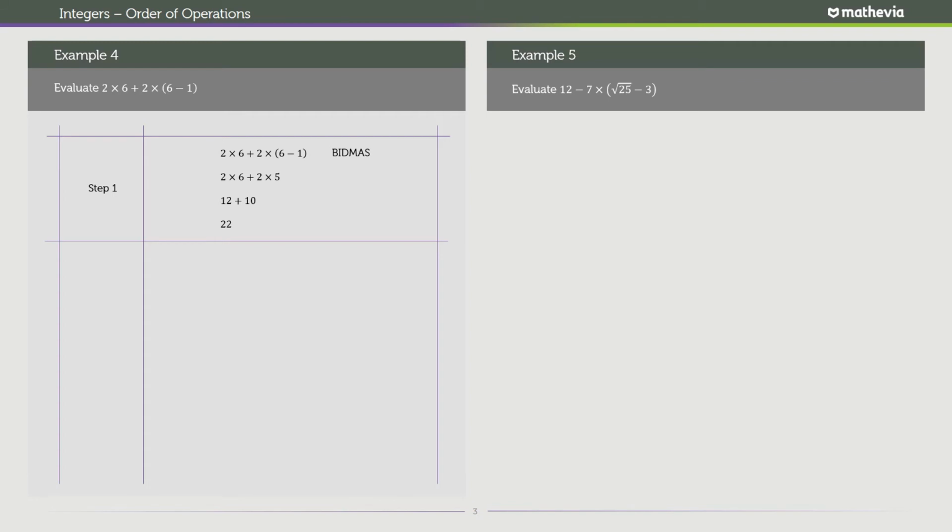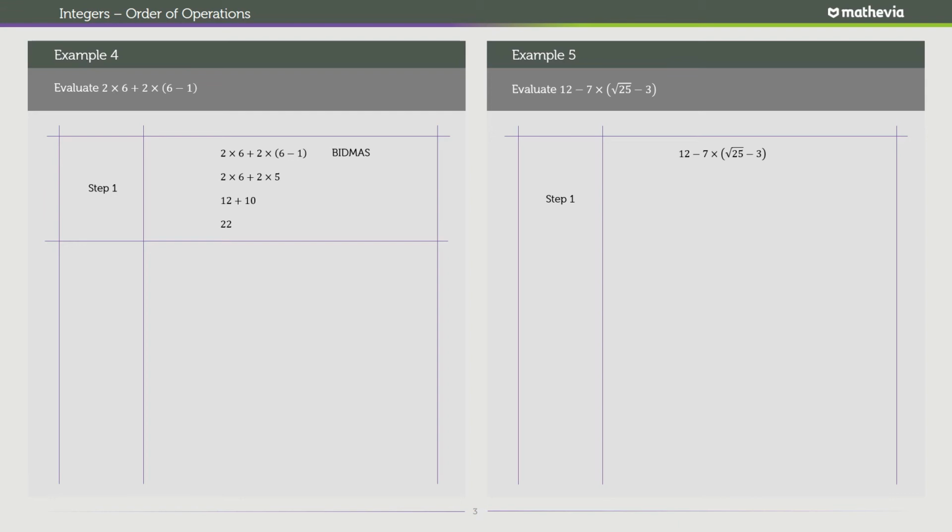One more, example 5. Example 5 says evaluate 12 minus 7 times, in the bracket, root 25 minus 3. Now this is a very interesting question. We have root 25 minus 3, and basically what we have here is brackets, and we have an index.